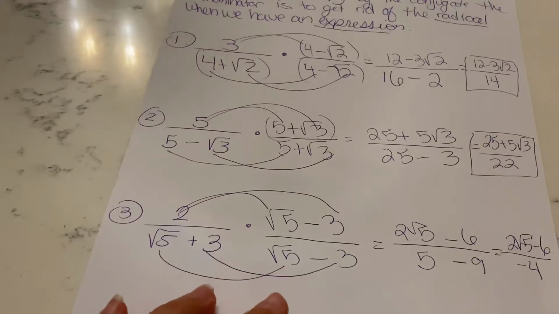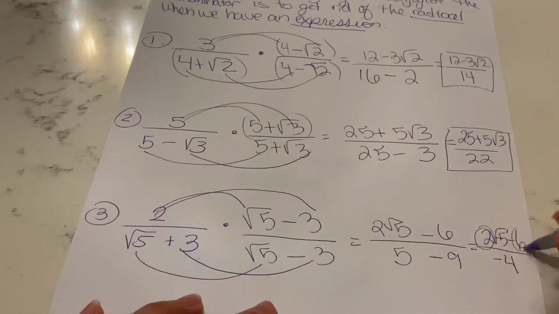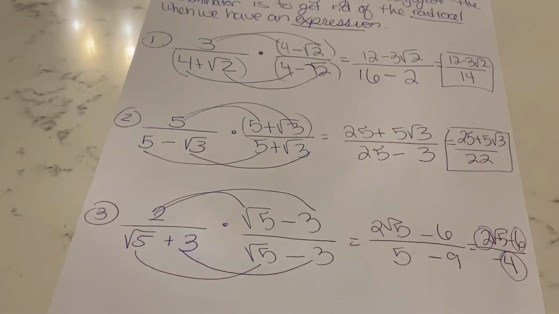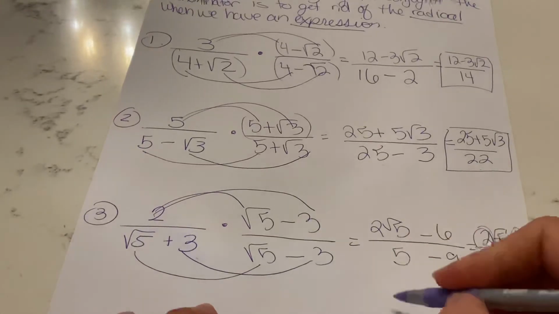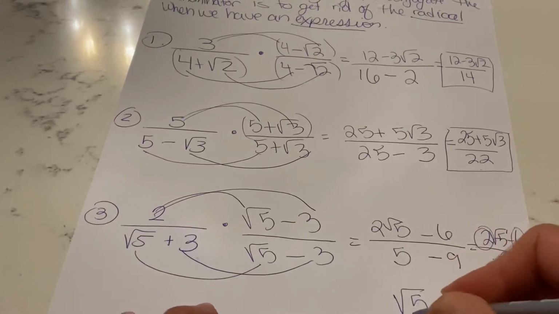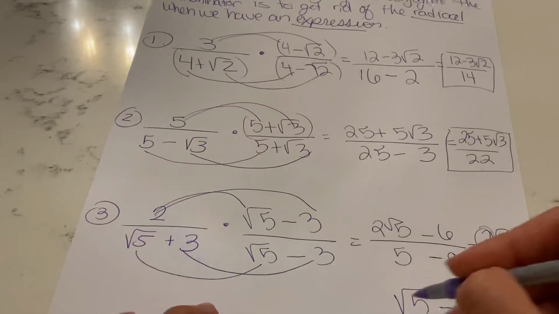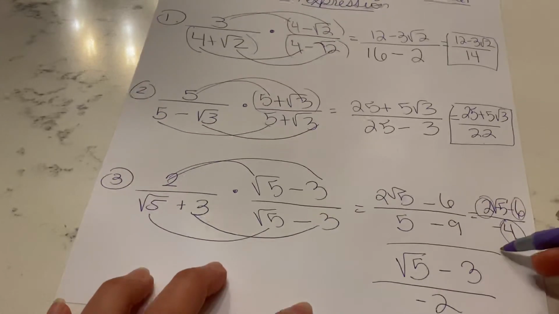Now, this one is a little bit more difficult because you're able to divide, since these have a common factor of 2. So basically what I'm doing is I'm reducing the fraction by dividing each of those 3 numbers by 2. So if I divide this one by 2, I'm only going to be left with radical 5. This one will give me 3 over a negative 2. And that's my final answer.